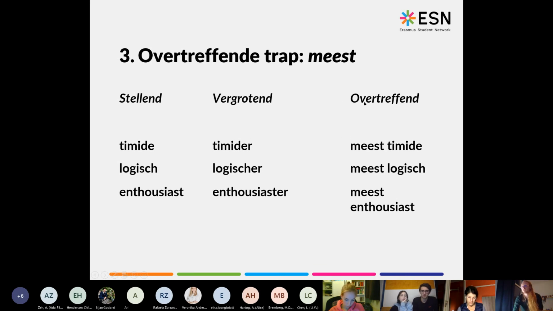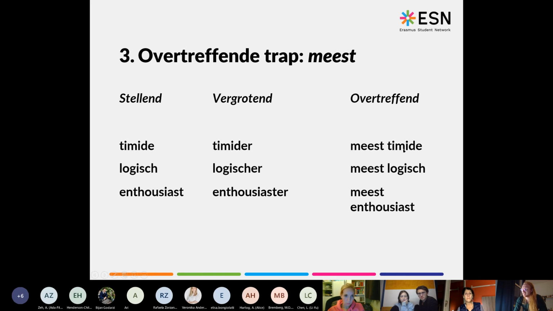But with the superlative, you do often do that. And where exactly the boundary is of when you just add st at the end and when you use meest, which means most, is a bit unclear. In general, it's when it ends on a T or a D or an S, because then it gets weird when you add st at the end.